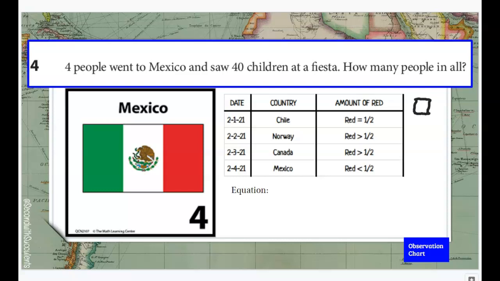Write your equation as I read this for a second time. 4 people went to Mexico and saw 40 children at a fiesta. How many people in all? Show a connection if you wrote an equation that looks like this.